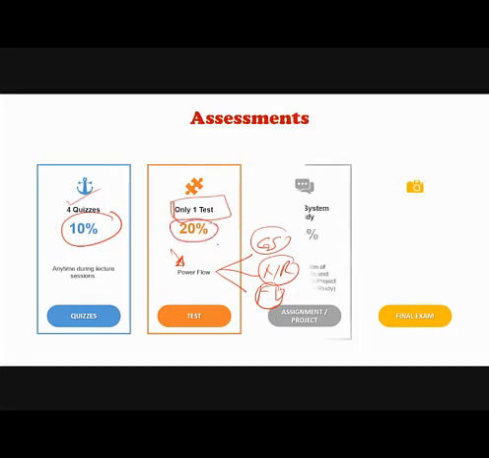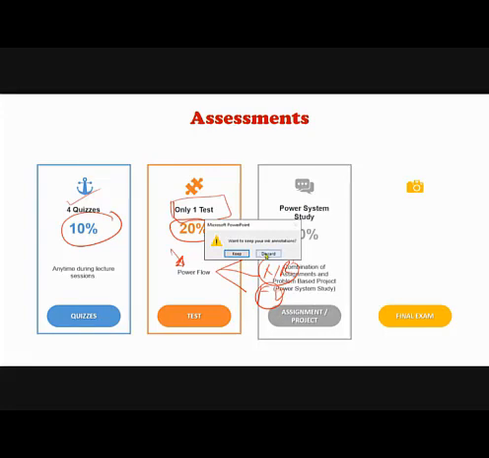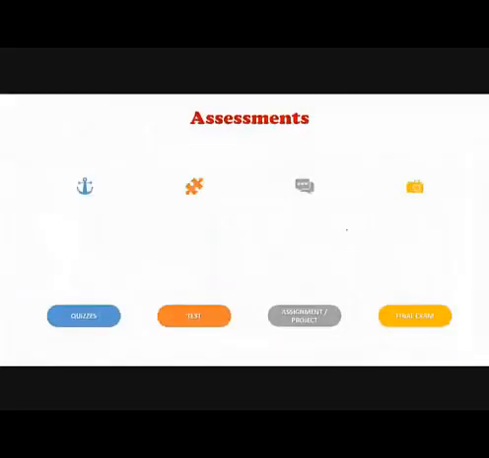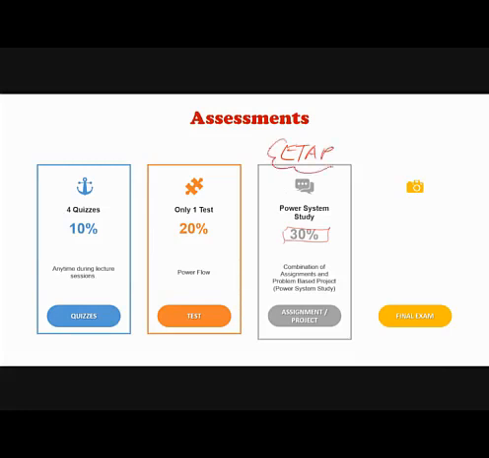Okay. Next, we have the project or assignment. This project or assignment will cover 30% of your carry mark. Okay, so 30%. For the assignment or project, you will usually use one of the power system software. Usually we use ETAP. Okay, so this ETAP software.